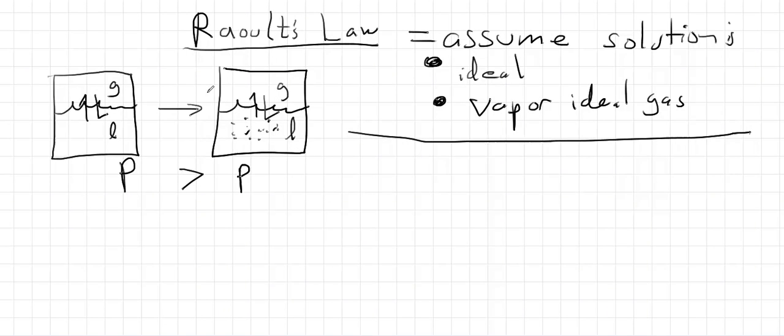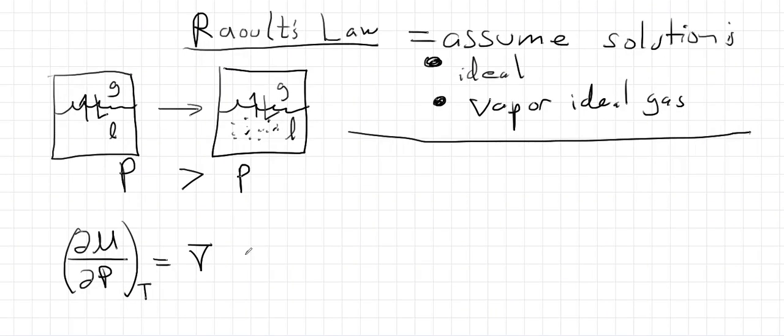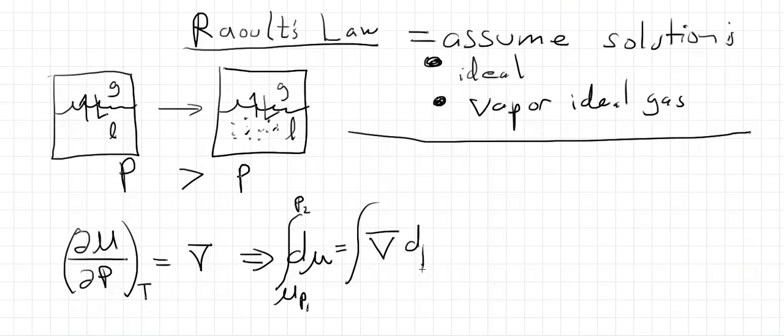Now to do this, we actually have to see how the chemical potential of the gas changes when we change the pressure. So we want to remember that the change in chemical potential with pressure at constant temperature is equal to the molar volume. If we write this as a differential, d mu as we go from mu at P1 to P2 is going to be equal to the molar volume dP, and we're going to integrate from P1 to P2.